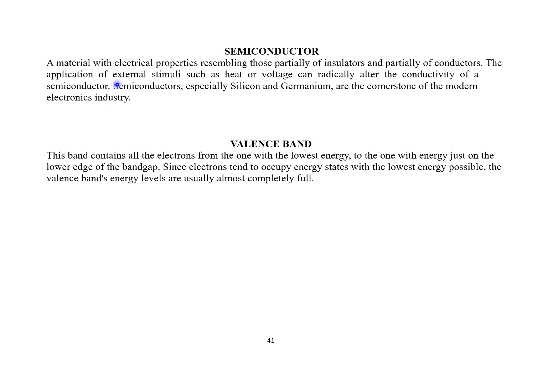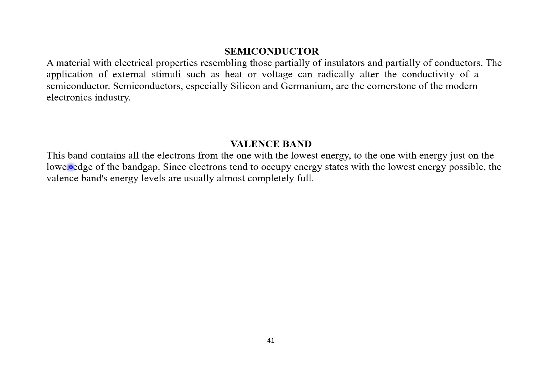The application of external stimuli such as heat or voltage can radically alter the conductivity of a semiconductor. فإذن أي excitation خارجي for example they can heat or voltage يؤدي إلى تبديل أو تغيير التوصيلية لهذه المواد. Semiconductors, especially silicon and germanium, are the cornerstone of the modern electronic industry. فإذن هي من الأساسيات في modern electronic industry.